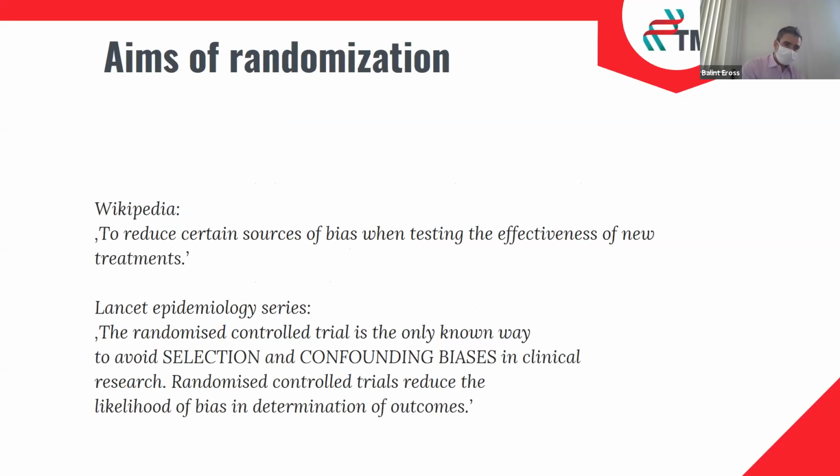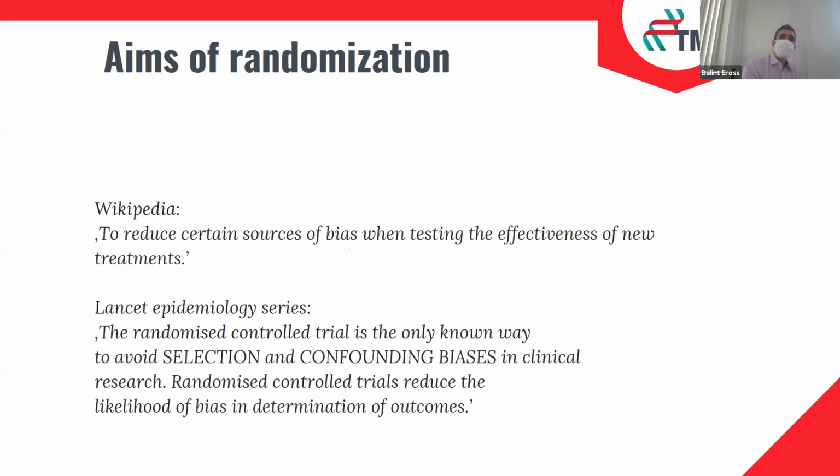Aims of randomization, according to Wikipedia, to reduce certain sources of bias when testing the effectiveness of new treatment. And Lancet Epidemiology series says randomized controlled trial is the only known way to avoid selection and confounding biases in clinical research.